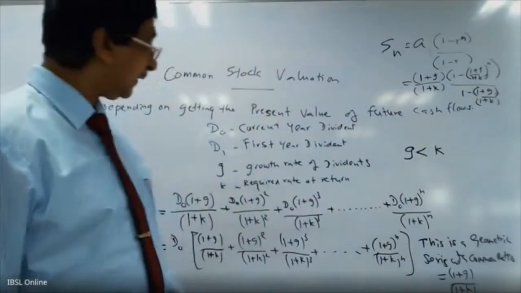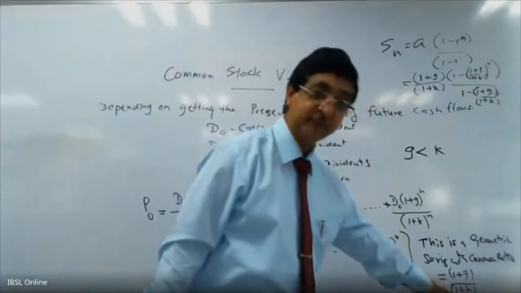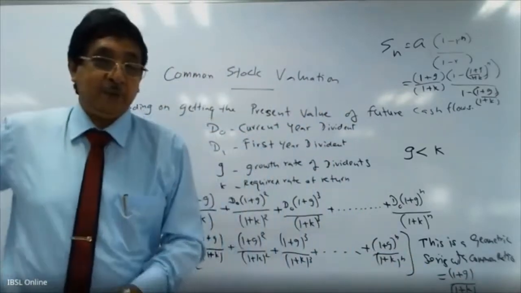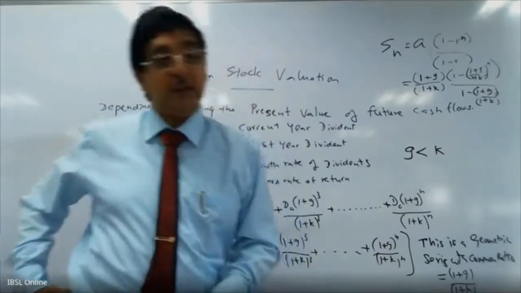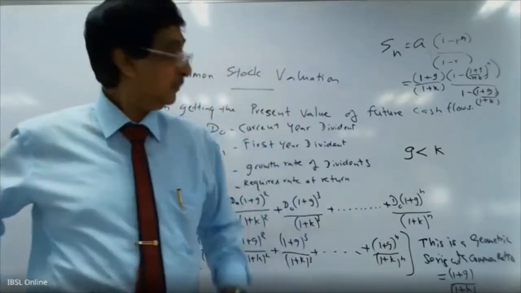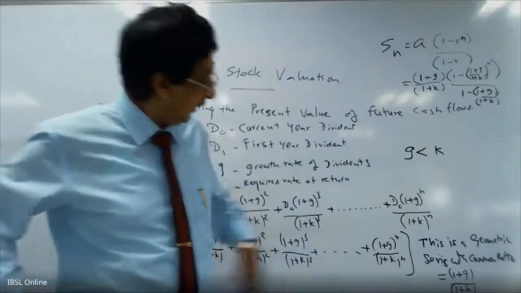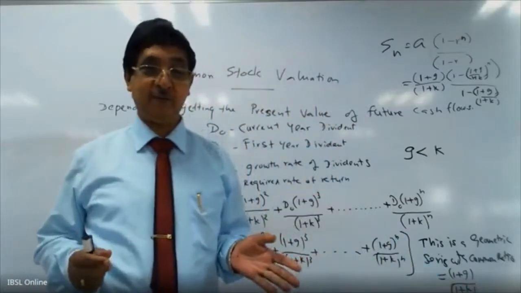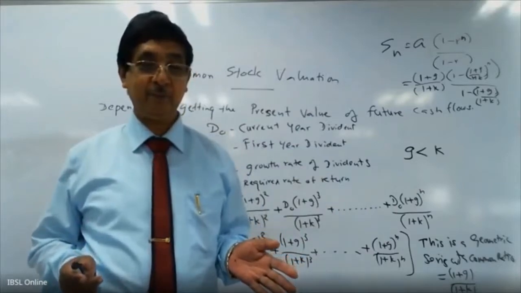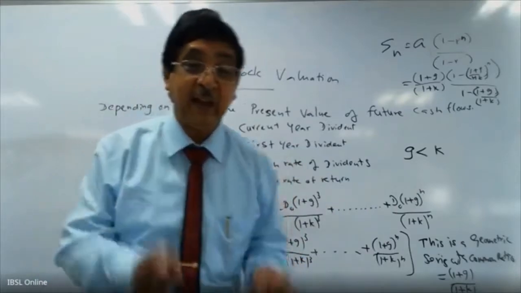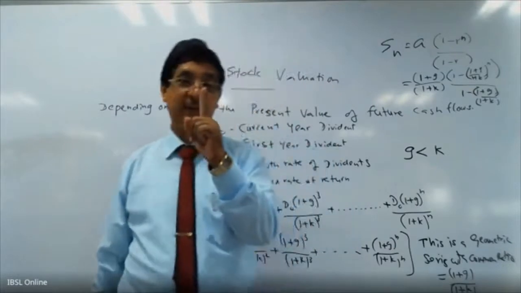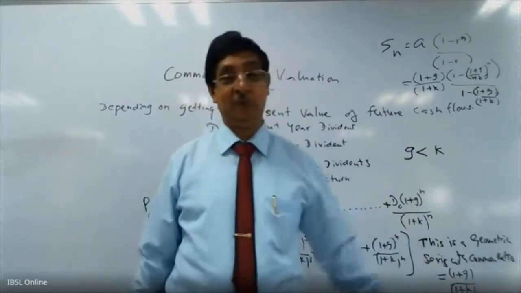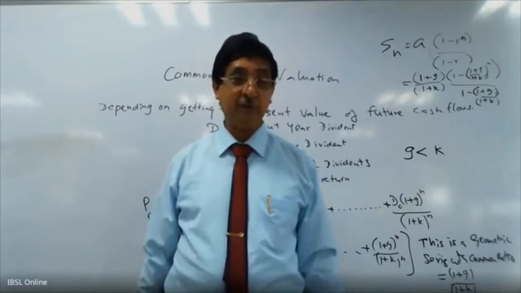Now, when you look at this ratio, 1 plus G over 1 plus K, G is lower than K, or G is less than K. Then what is the nature of 1 plus G over 1 plus K? It is less than 1. In other words, it is a ratio less than 1.